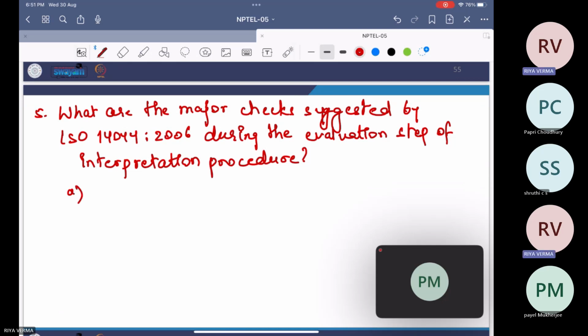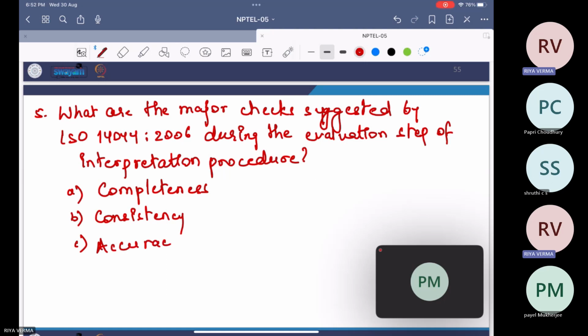That is your IS code for LCA. The first option is completeness, second is consistency, next option is accuracy, and last is sensitivity.